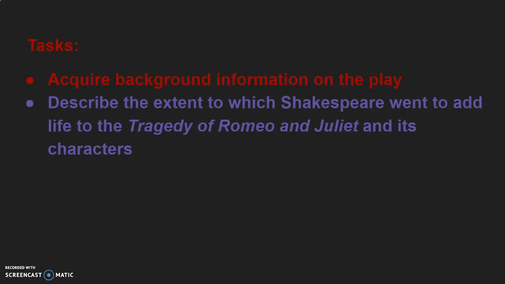First of all, after reading page 344 in your textbook, you need to be able to describe the extent to which Shakespeare went to add life to the tragedy of Romeo and Juliet and its characters. As you read, you should be able to explain Shakespeare's preoccupation with youth in the play.